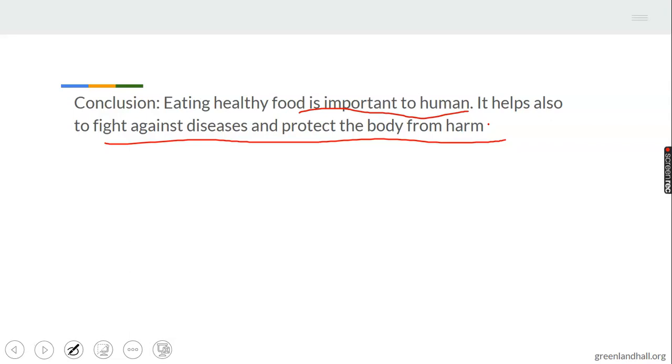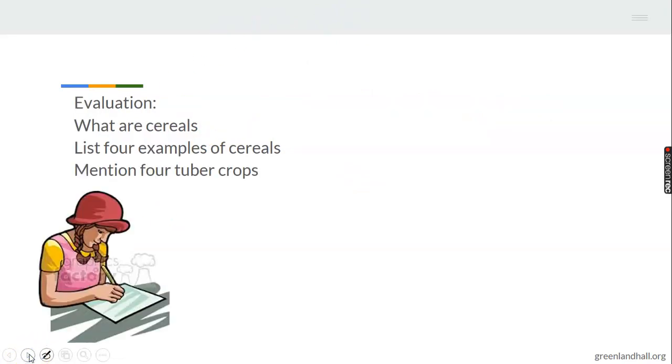So when we eat right and we do what is right, definitely we don't have issues with our health. So learning about cereals, you know now the types of cereals we have, you know what tuber crops are, you know what legume crops are. These are classes of crops. So furthermore, we'll learn other aspects of crops that are very, very important for us. Please do ensure that you follow up truly.